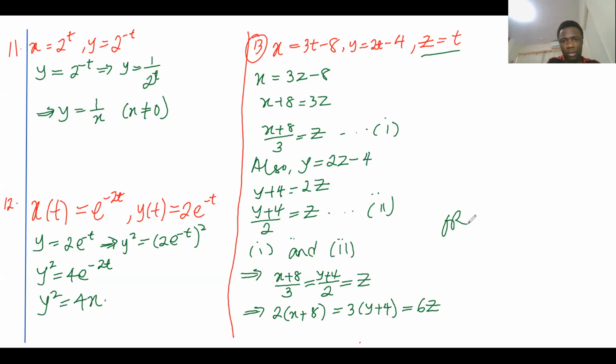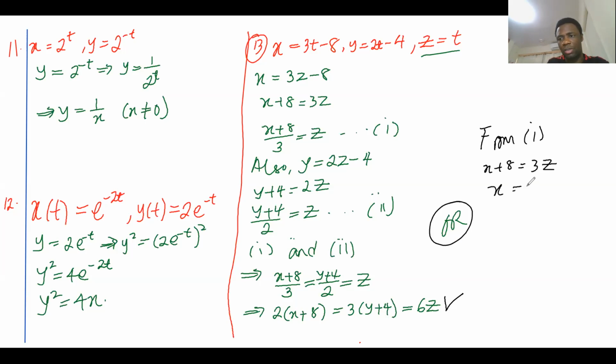from 1, if you do not want to leave your answer in this form, x + 8 = 3z. So basically, x = 3z - 8.